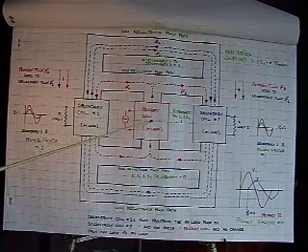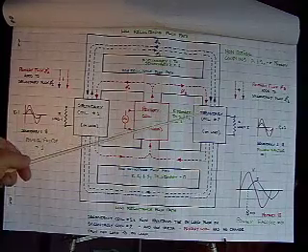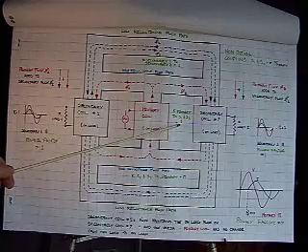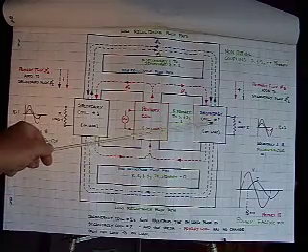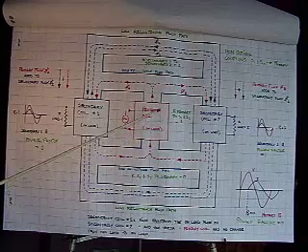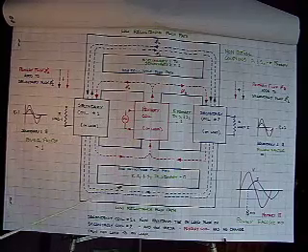The coupling coefficient between the primary and the secondary is 1. The coupling coefficient between the secondaries and the primary is 0.